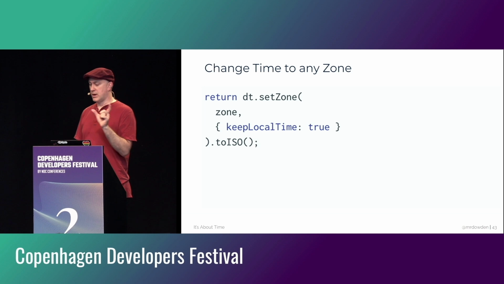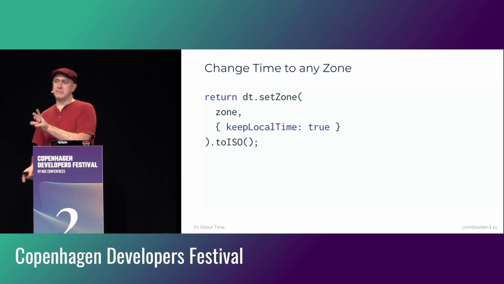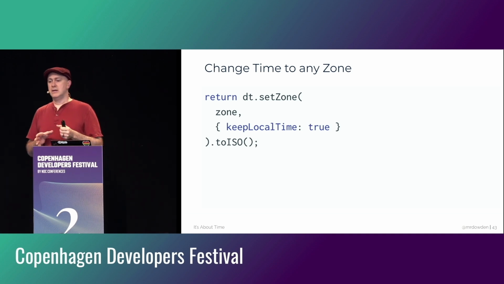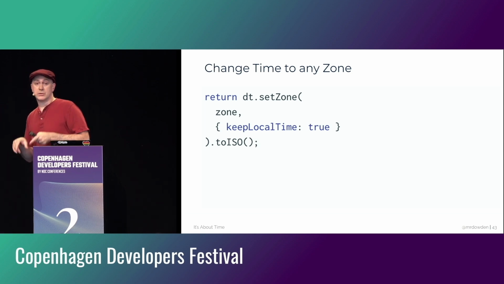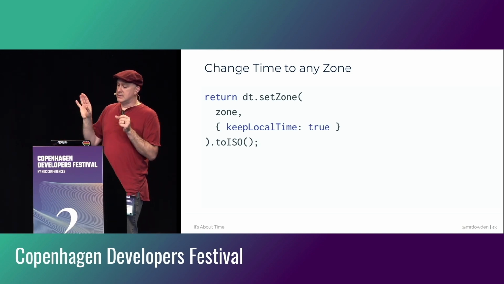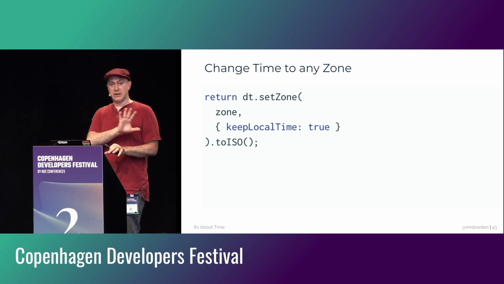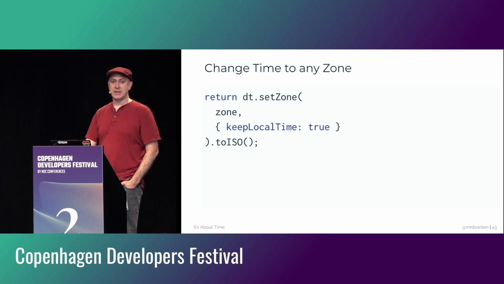So if it's 4 a.m. in the original date time string and I replace the time zone, it's going to be 4 a.m. in the new time. That means that, for example, if I needed to provide a JavaScript Date object in the user's local time zone and have that work correctly, I can just move things around using this technique to whatever time zone I want while keeping the numbers the same.